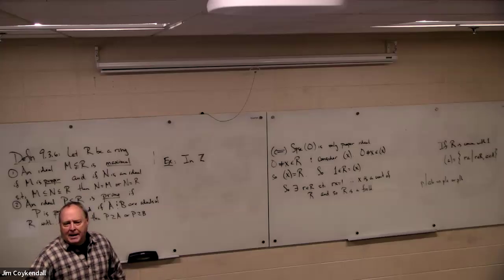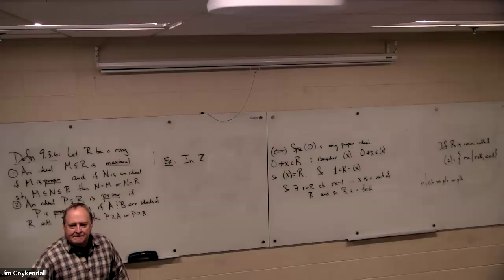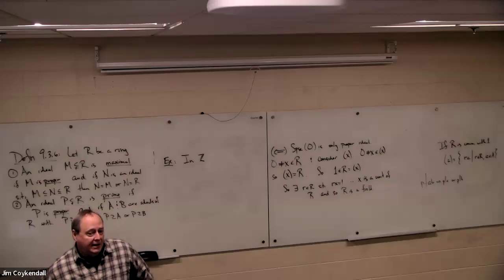So that was not quite maximal. The ideal generated by 12 is not maximal because it is properly contained in the ideal generated by 6, which is properly contained in Z. So I can squeeze something in between that and the integers.